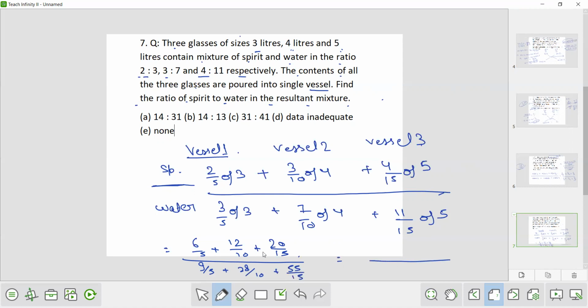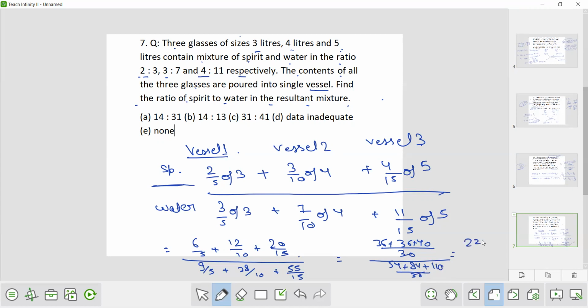So this is equivalent to, take the LCM 30. So 6, 12 and 20. So 5 6s are 36, plus 36, plus 40. And this is again, take the LCM 30. So this is 54 plus 84 plus 110. So this 30 and this 30 got cancelled.